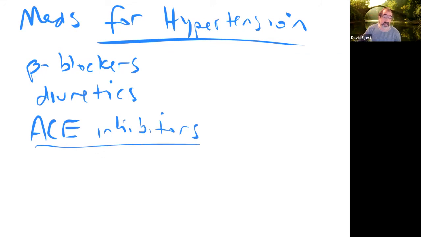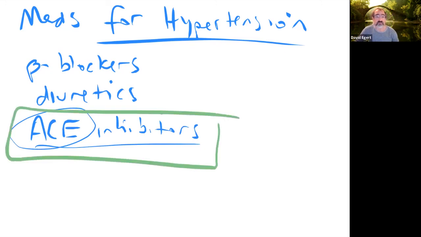Why would inhibiting ACE, again, this is that angiotensin converting enzyme, why would an ACE inhibitor be good for somebody with hypertension? It prevents the angiotensin 1 from becoming active like angiotensin 2. So it stops all that vasoconstriction, the ADH, and the aldosterone. Right, exactly.